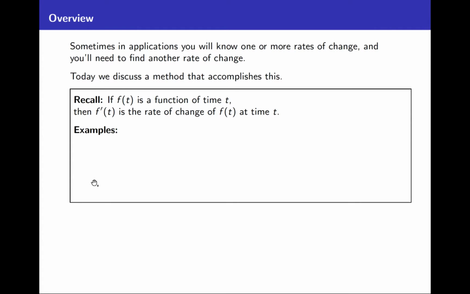For example, maybe you have a function p of t that gives the population of a city at time t. And t might be, let's say, the number of years since 2000. So p of t at any time t is a number of people.